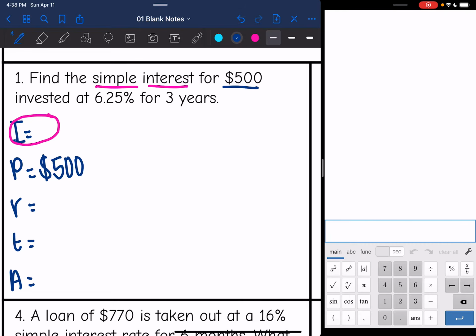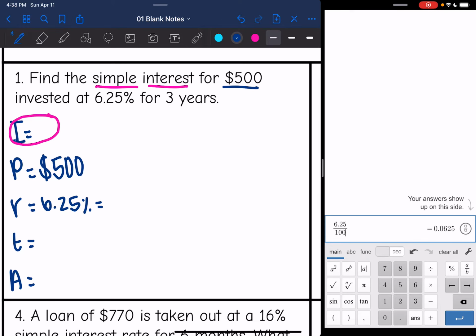And then the rate is 6.25%, which as a decimal, remember you can divide that by 100, or you can just move the decimal point back twice. Either way, that decimal is going to be 0.0625. And then it says for 3 years. And then this one is not asking for the total amount, so we don't have to worry about it.